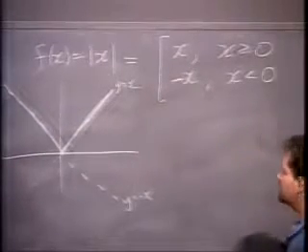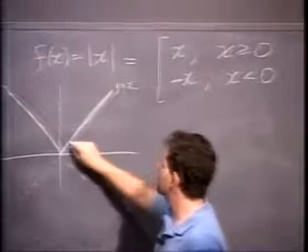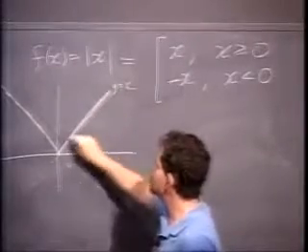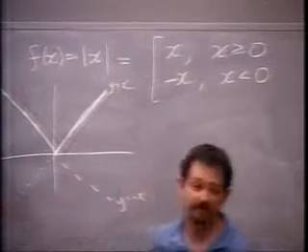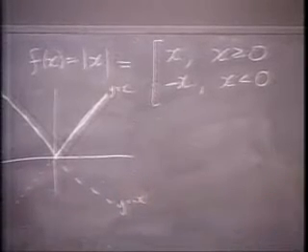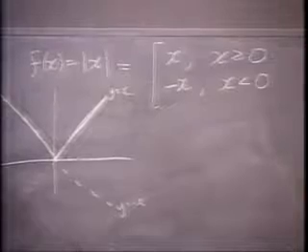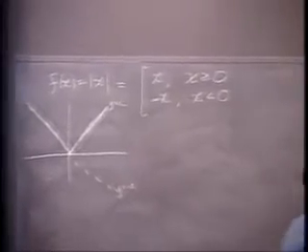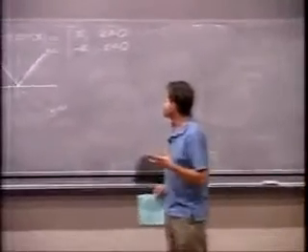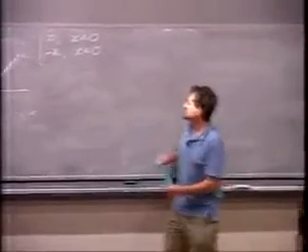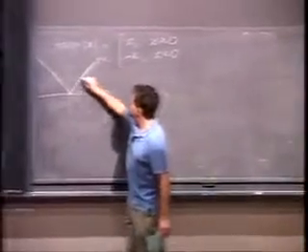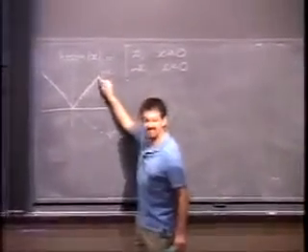So it should be quite clear that when you're to the right of 0, you're dealing with a straight line of slope 1. A simple calculation shows you that the derivative is 1 everywhere here, because it's the same as the slope.